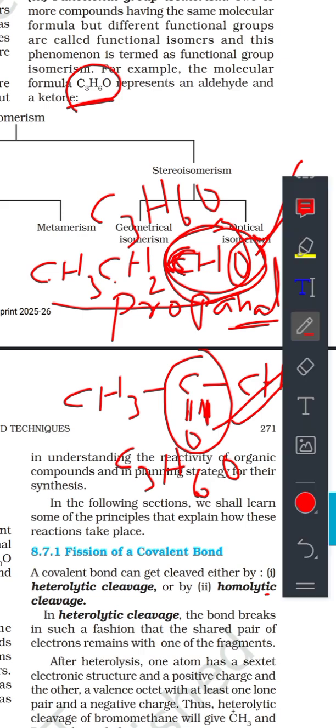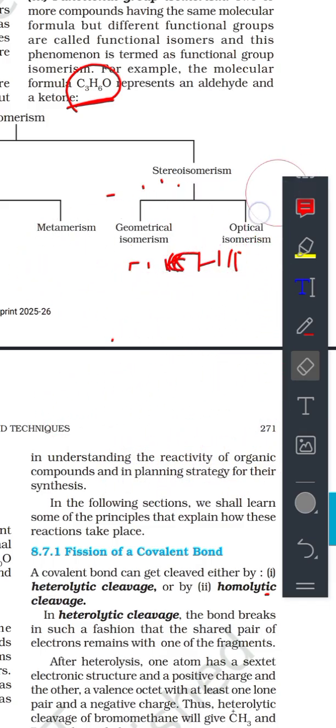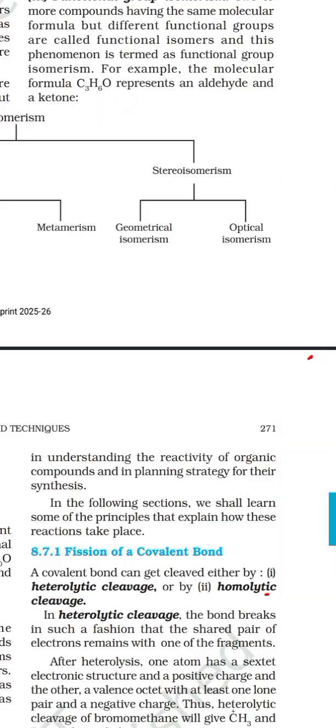Okay, now let us go for one more example of functional group isomerism. Suppose we have ethanol, which I gave you at the beginning of this class.